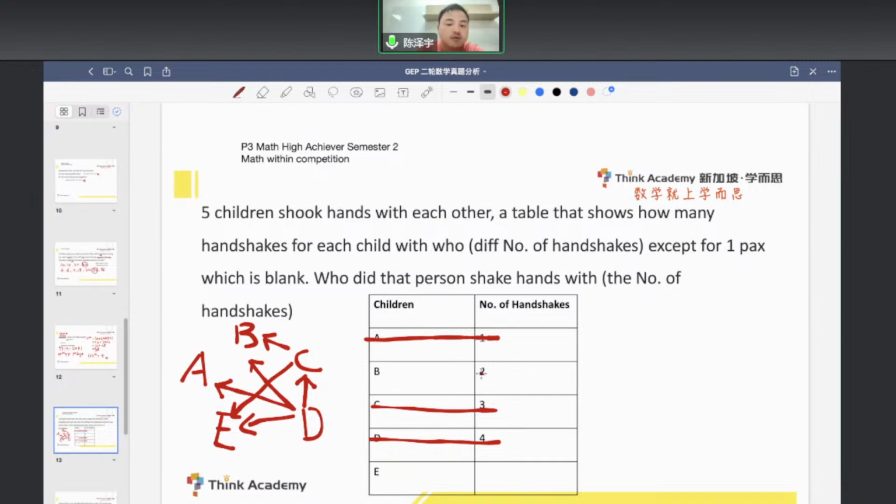Then let's go back to B and check whether B has 2 handshakes already. B shook with D and B also shook with C, so now B has 2 times. B is completed. Now from the diagram, we can count how many handshakes E made. E shook with C and E also shook with D, so there are a total of 2 handshakes made by E.